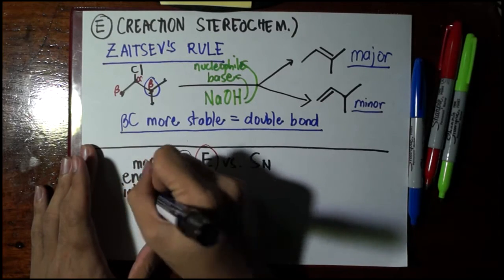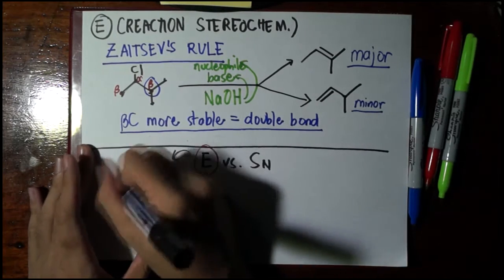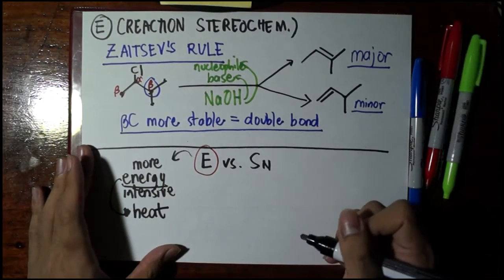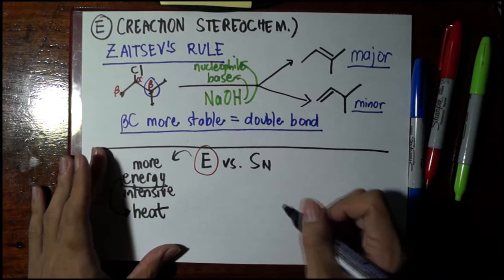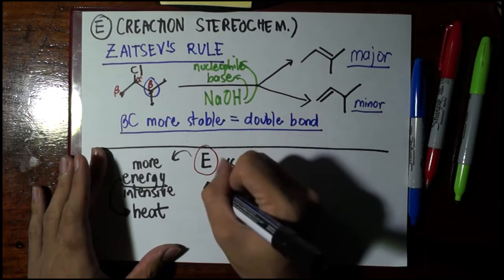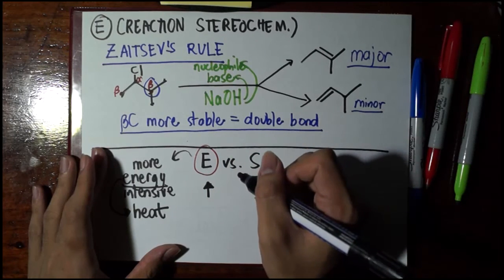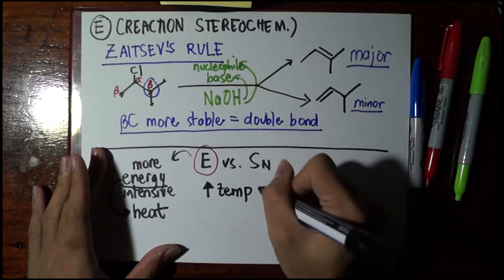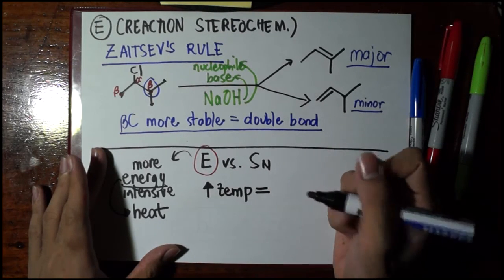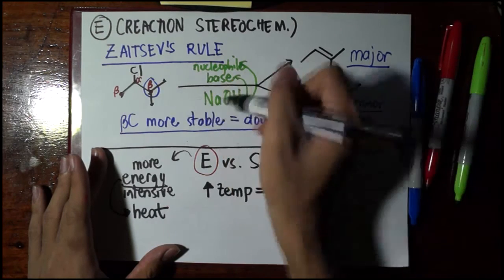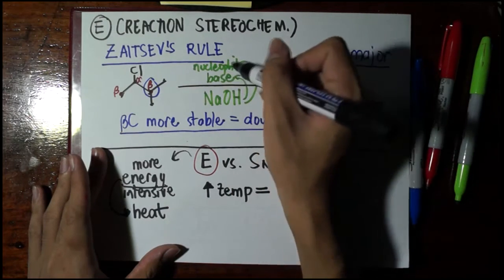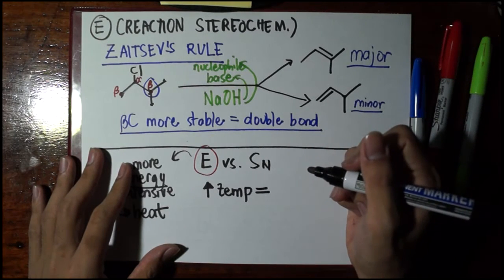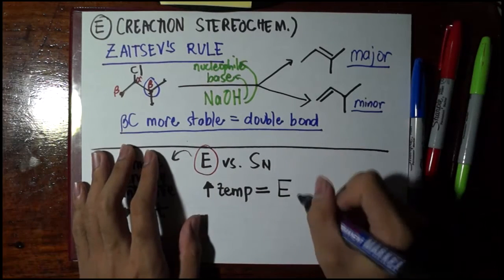And since in the laboratory we refer to the energy here as heat or thermal energy, we're going to talk about temperature. So if elimination requires more energy, elimination would actually be preferred at a higher temperature. This means that if the temperature is high with a certain reagent that could act as both a base and a nucleophile, the reagent will actually become a base because it will now prefer elimination.